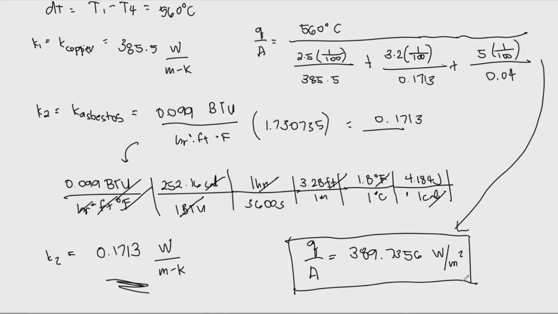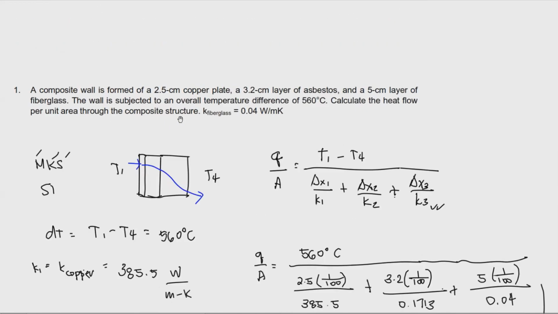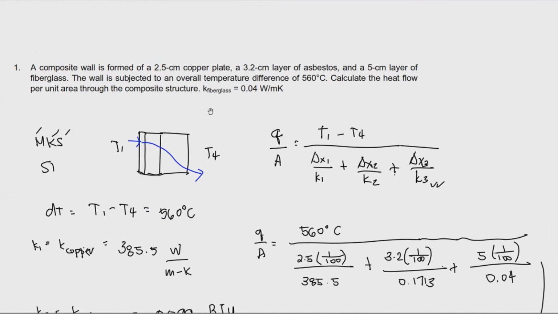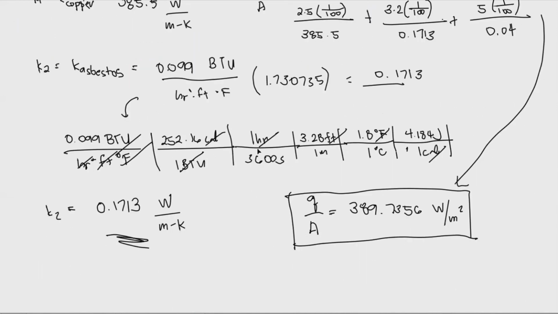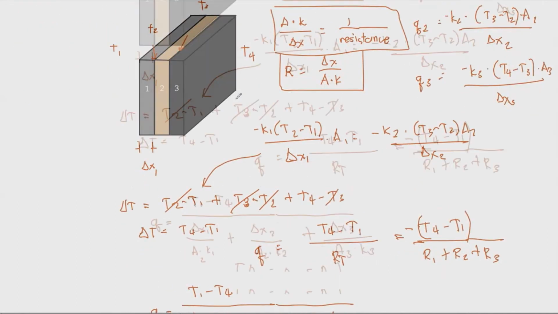So that is how we solve for the heat of conduction, for materials that are in series. It doesn't only exist in this kind of material, but also in materials like cylinders.